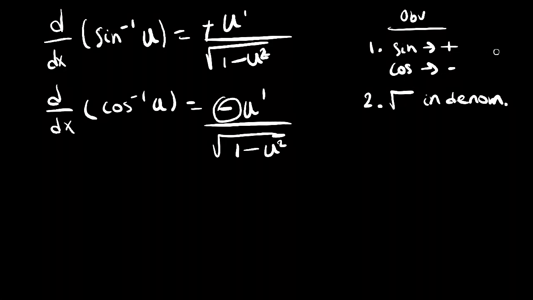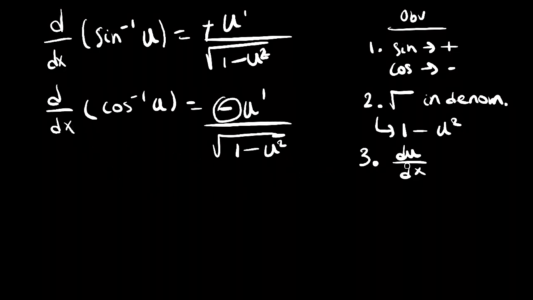These observations are going to help us remember which formula is which, because we're going to have to do this for all 6 inverse trig functions. So remember that there's a square root in the denominator, and that in the square root we have 1 minus u squared.